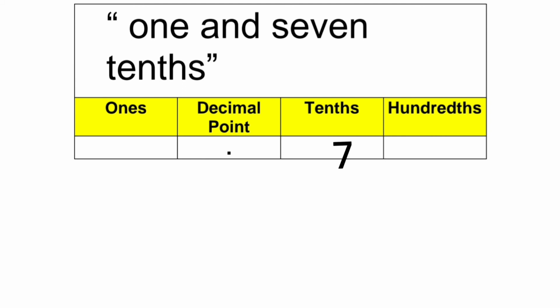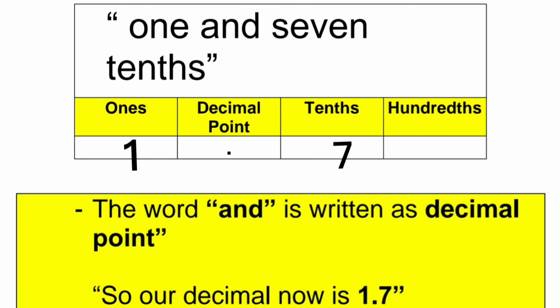In the ones. Okay, amazing. We're getting better. The word and is written as a decimal point. So our decimal now is 1.7. How do we read 1.7? It is 1 and 7 tenths.